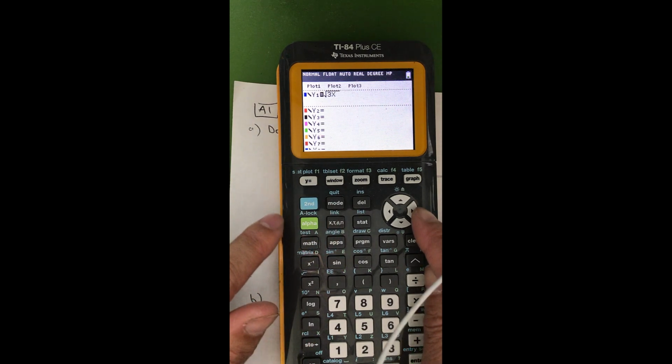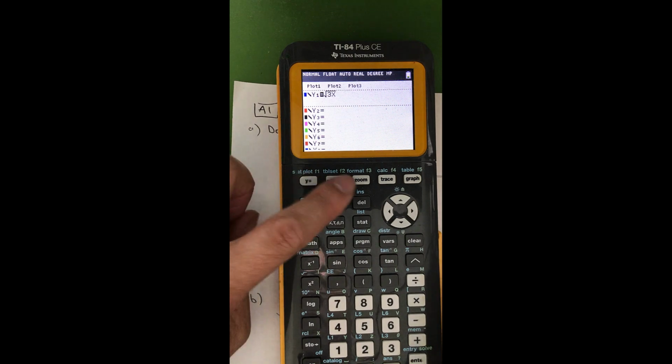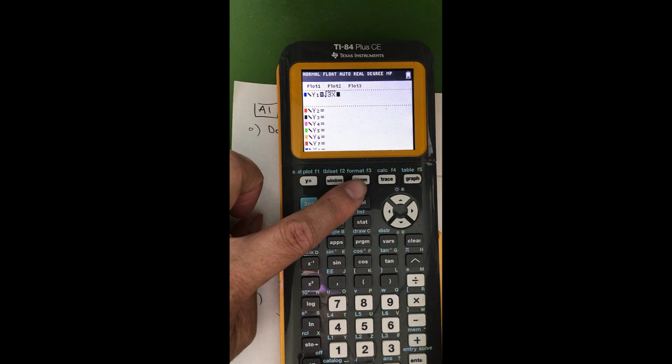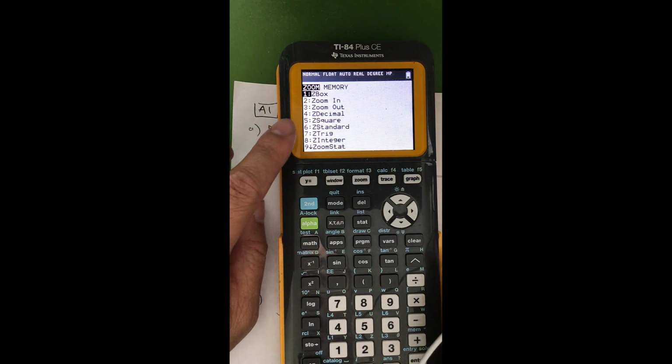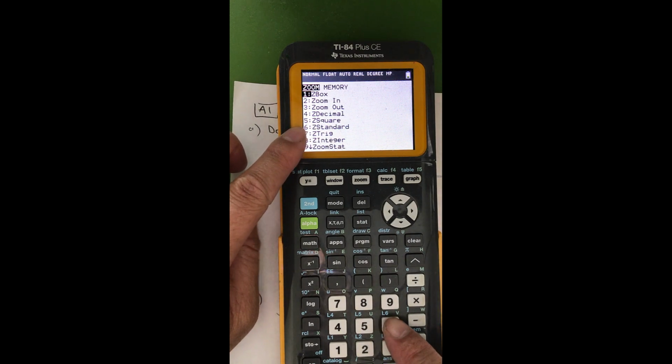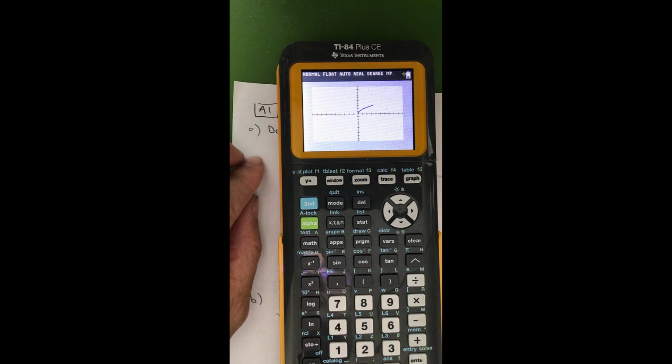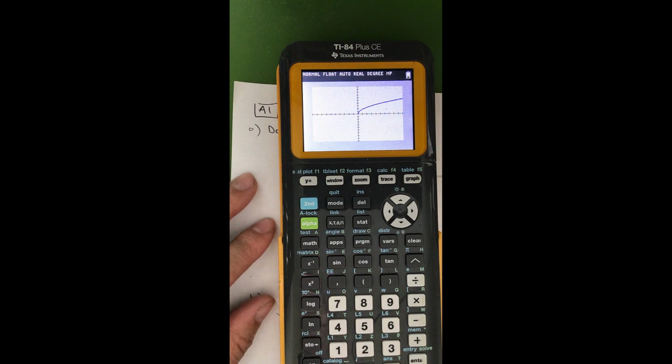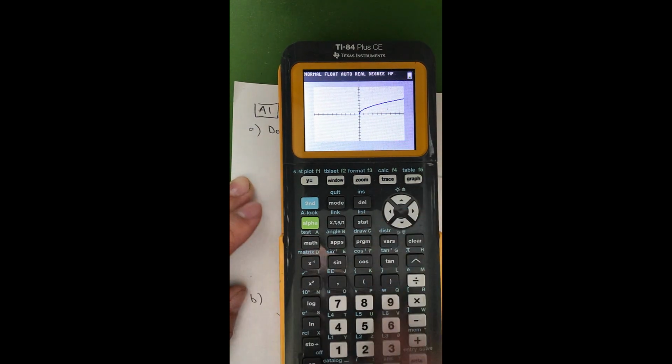If you ever need to get out, just press the right arrow. Because I have a Texas Instrument here, I can just press zoom, and I went standard, number 6. And what that does, it puts it on a negative 10 by 10 graph. So you can kind of see there it's already at the origin. So let's go ahead and sketch that graph. Use your favorite color.